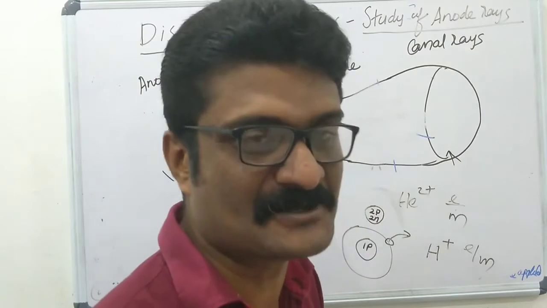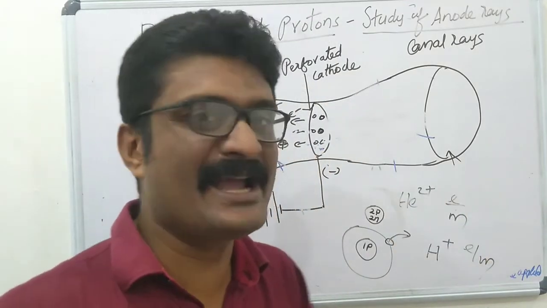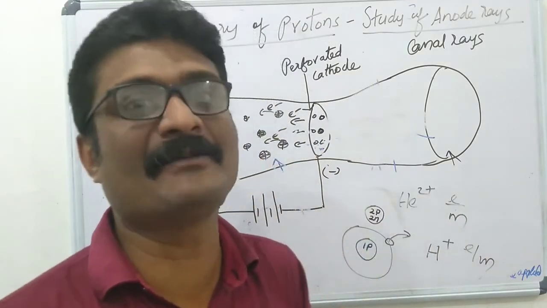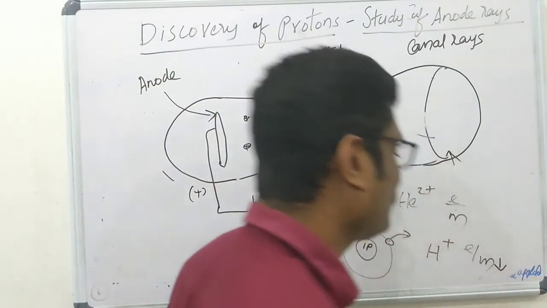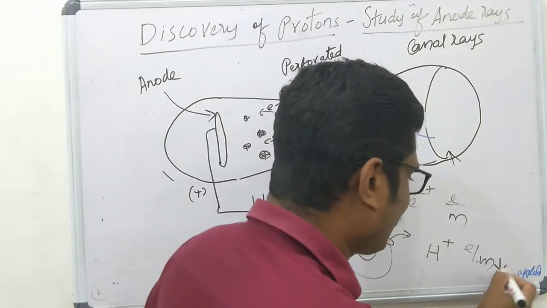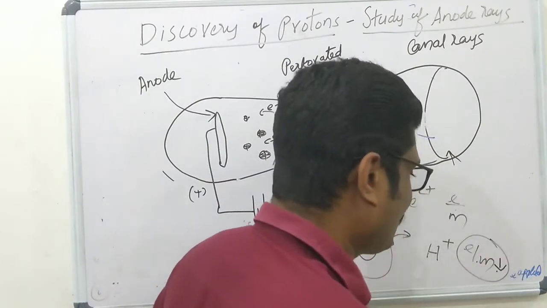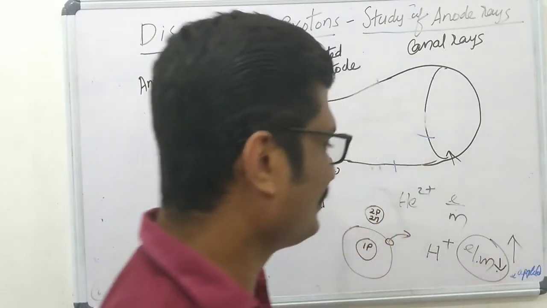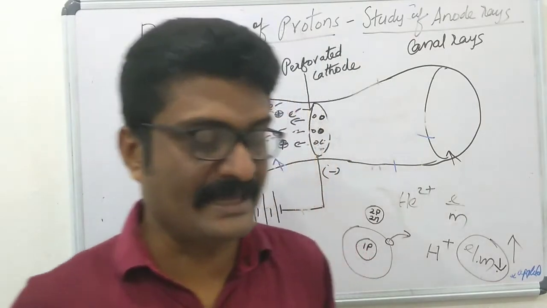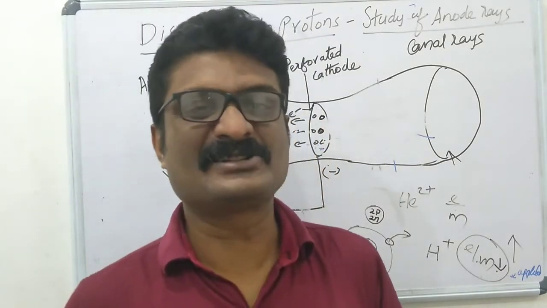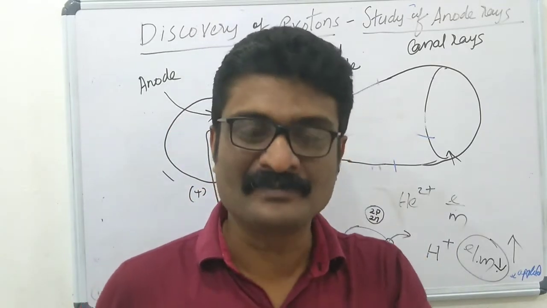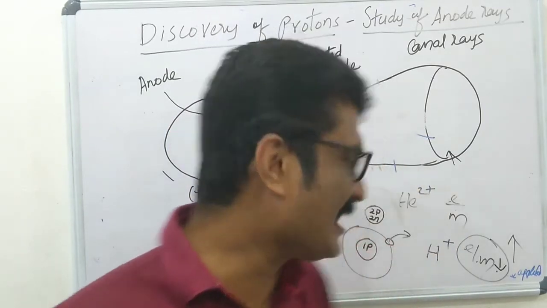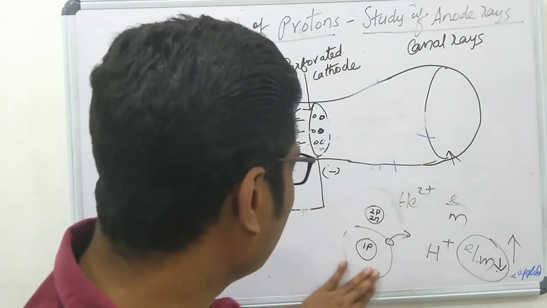The reason is that hydrogen is the lightest element, that means its mass is very, very small. When m decreases, e/m increases. Then if you take hydrogen gas in the discharge tube, the e/m ratio is found maximum, and that particle is nothing but a proton.